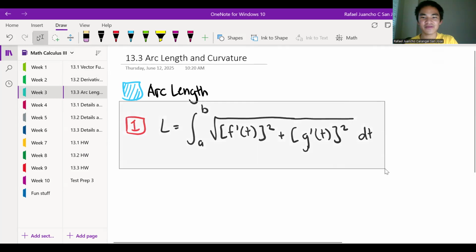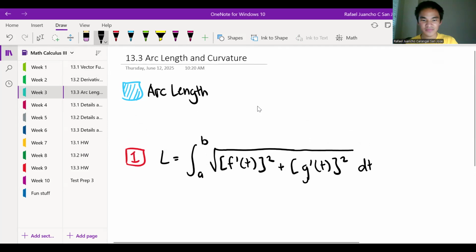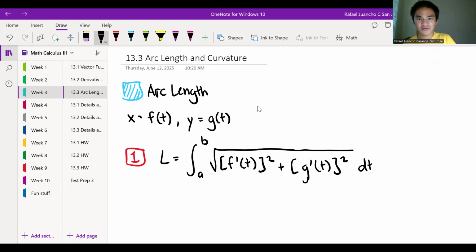I thought we were talking about f of x. Well, in this case, because we're talking about vectors, and vectors have parameters, right? So we have parametric equations. For x, we have some function f. And for y, we have some function g, and they're all in terms of t, right? And we also say that the parameter t is in between a and b inclusive, so including a and b.